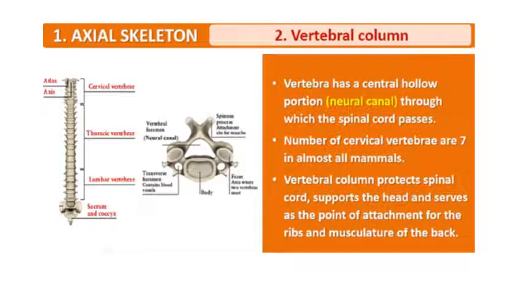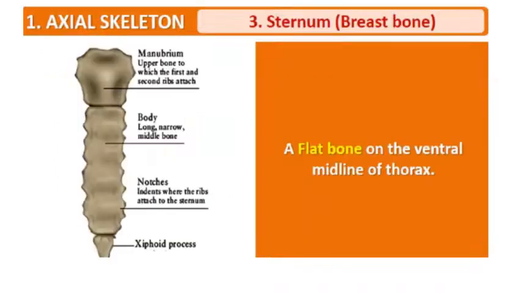The vertebra has a central hollow portion through which the spinal cord runs. The number of cervical vertebrae is 7 in almost all mammals. The main job of the vertebral column is to protect the spinal cord, support the head, and serve as a point of attachment for the ribs and the musculature of the back.